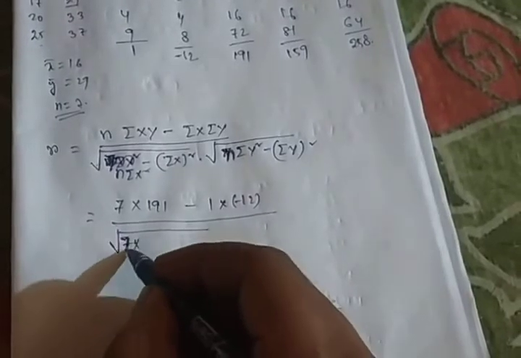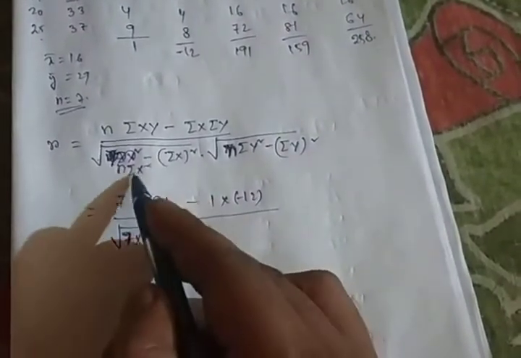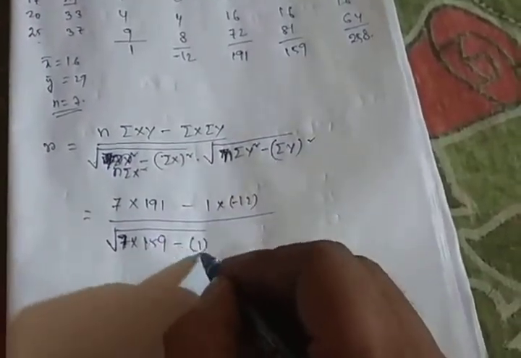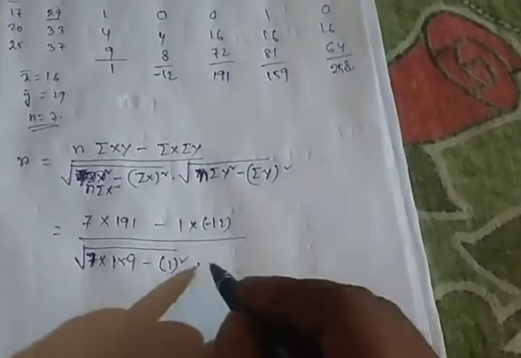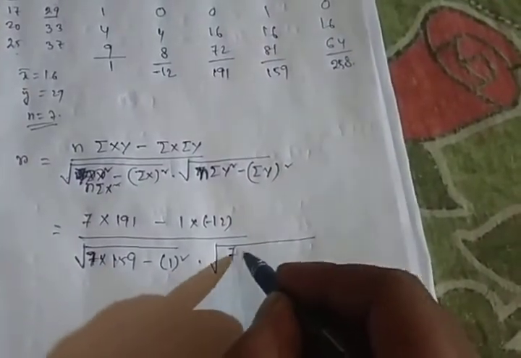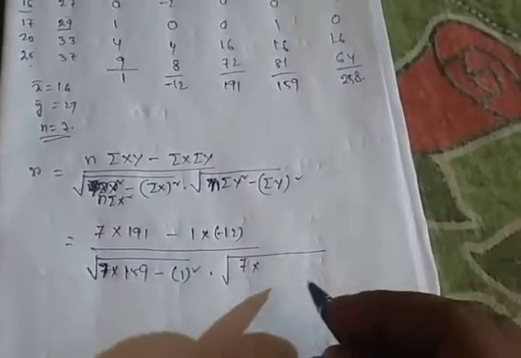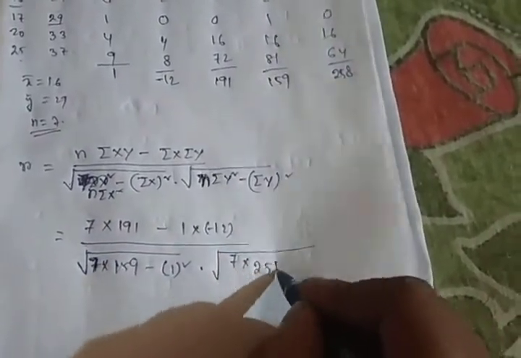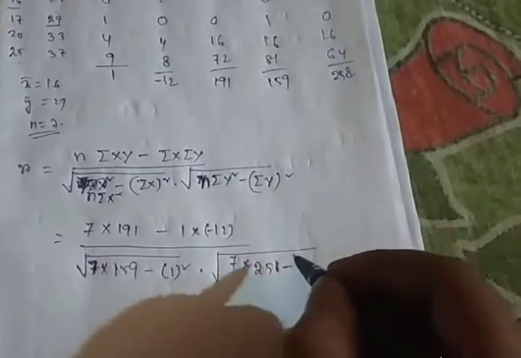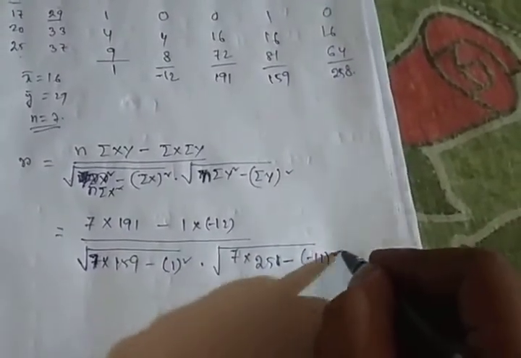This is the formula. Now we use the values: 7 into summation X square, which is 159, minus summation X, which is 1, square, times root under 7 into summation Y square, which equals 258, minus minus 12 square.